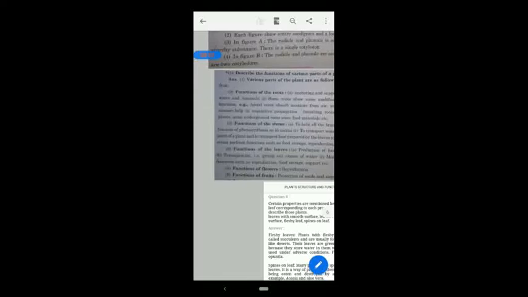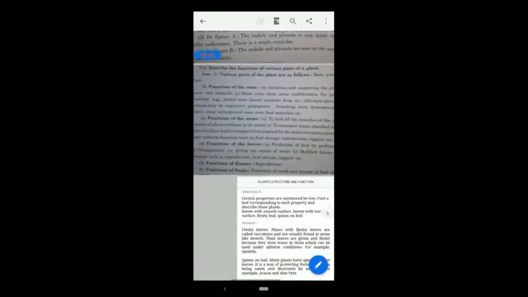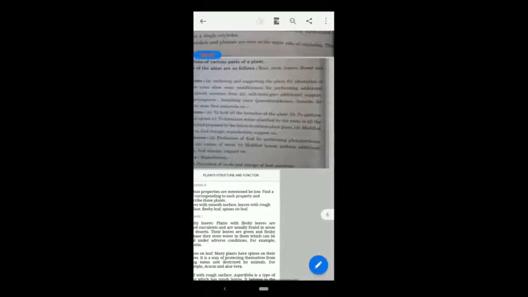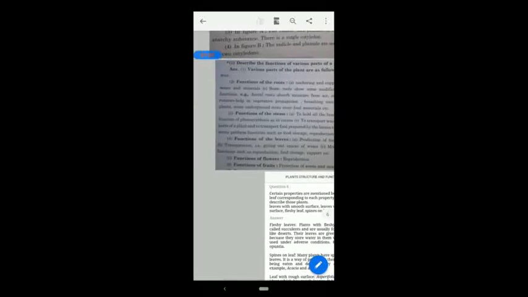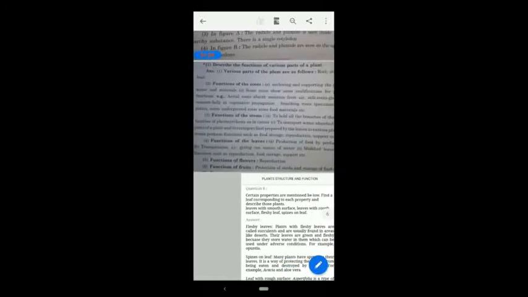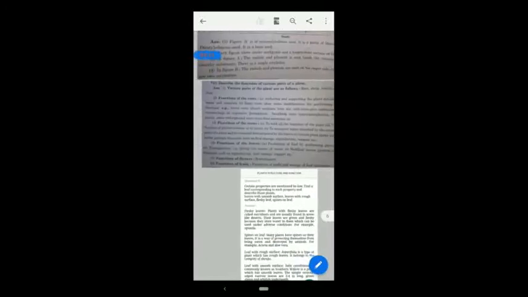The third function is that modified leaves perform additional functions such as reproduction, food storage and support, etc. This cannot be seen in every plant, only in a few plants. It's a modified function.